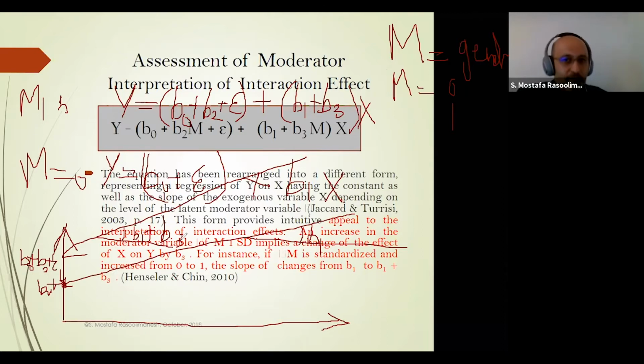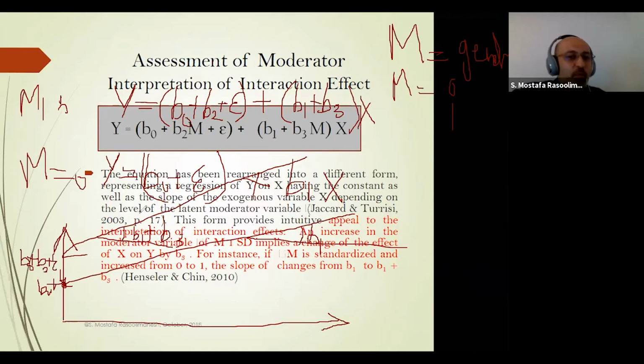This is the regression equation for the high level of the moderator, and the other is for the low level of the moderator. For the high level, the path coefficient, or beta coefficient, is B1 plus B3. For the low level, the slope is B1.